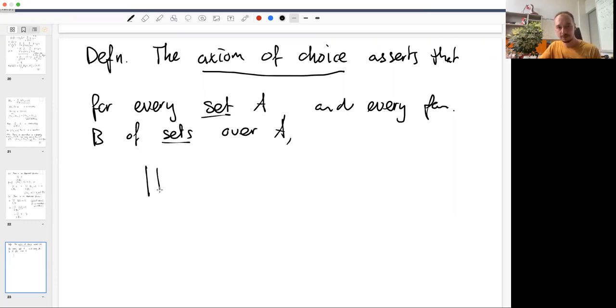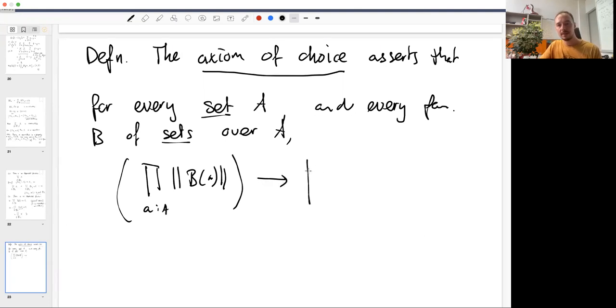So if for every a in A, B of a is inhabited, so let's put parentheses around this. So if they are all inhabited, then there merely exists, oops, how did that happen?